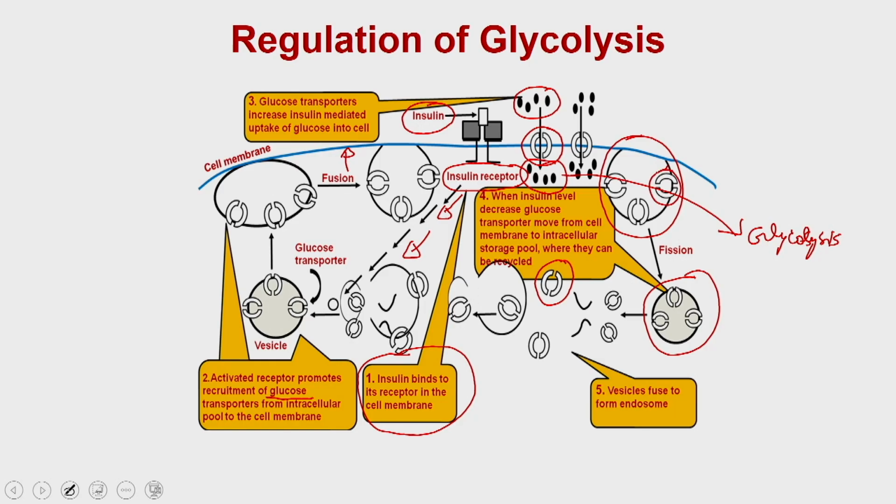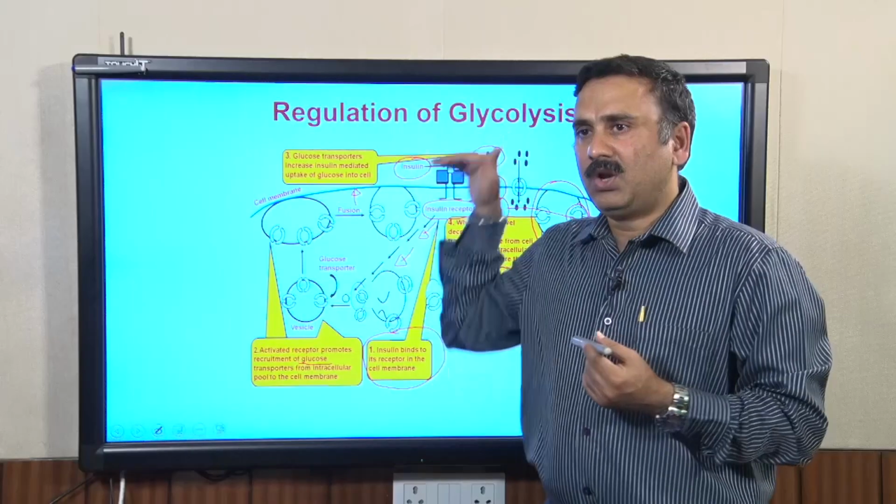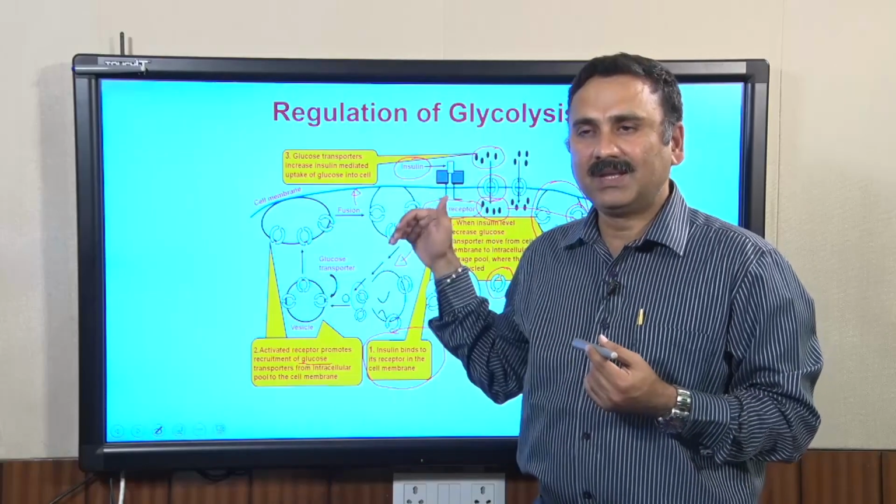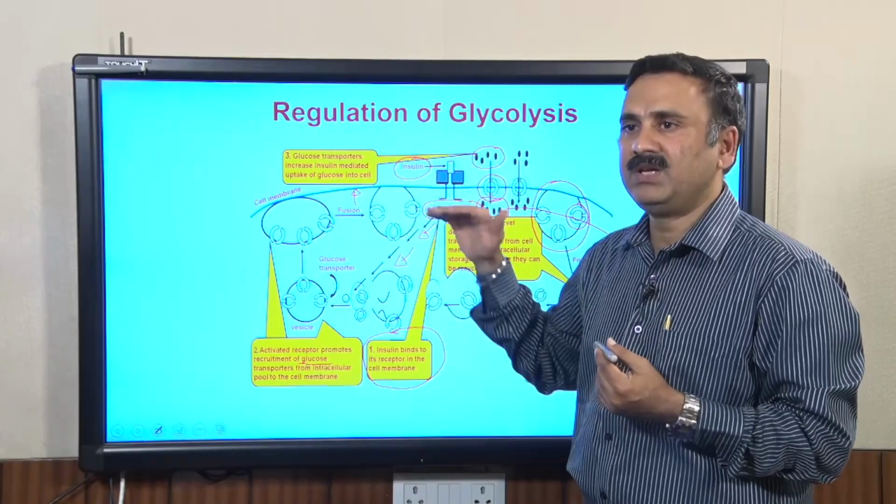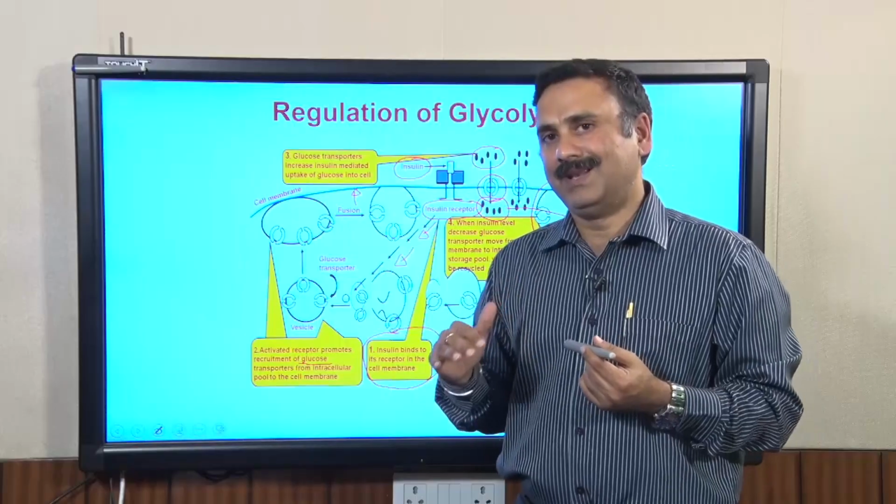Once the receptors on the cell surface are reduced, the entry of glucose is going to be less, and as a result the downstream glycolysis is going to be less.